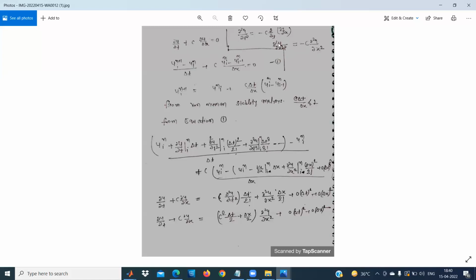So instead of del square u by del x del t, we put minus c del square u by del x square. Then minus c times minus c becomes c square del square u by del x square. If we take del square u by del x square common, we get the coefficient related to del square u by del x square.